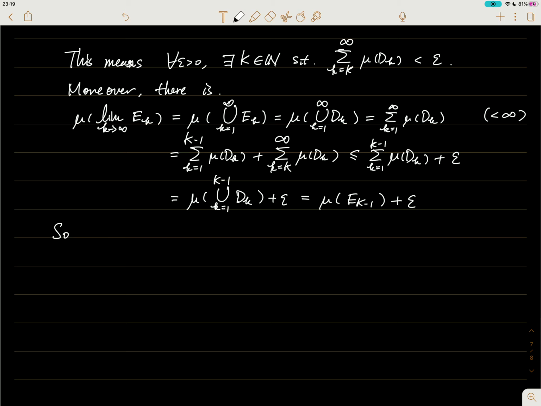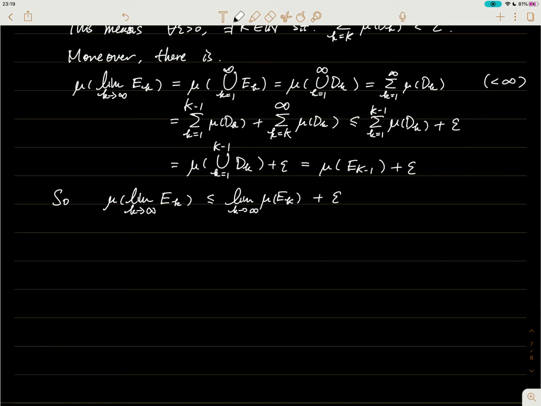So that's why the left-hand side will be less than or equal to the limit of the right-hand side for k tending to infinity. So it will be just less than or equal to the limit of mu of Ek plus epsilon.